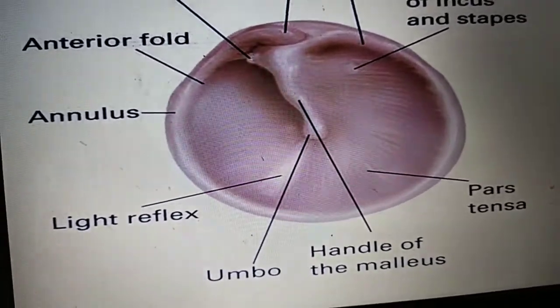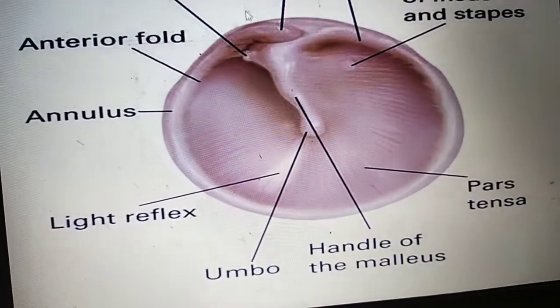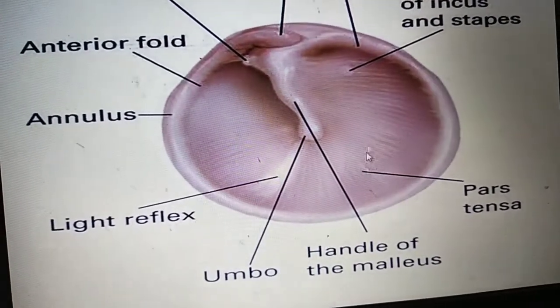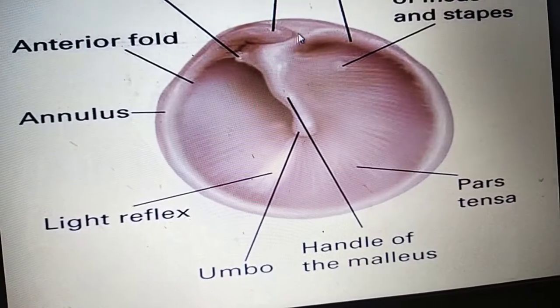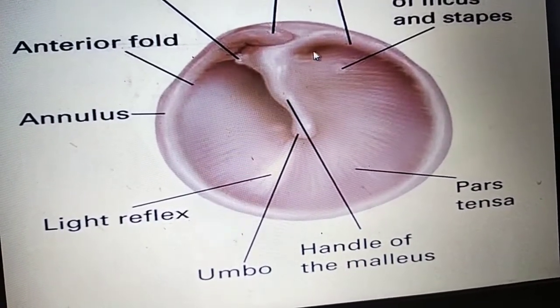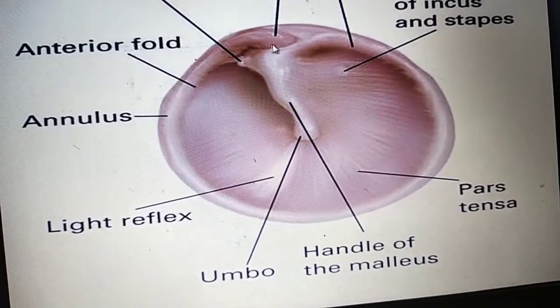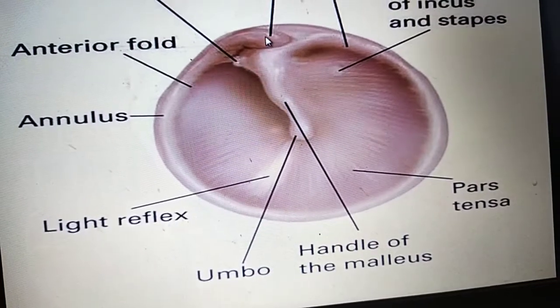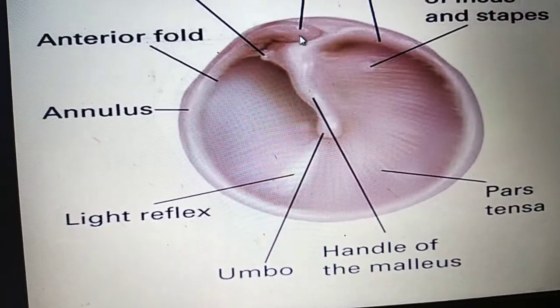It is present superior to the pars tensa and lies above the malleolar folds. These are the malleolar folds, the anterior malleolar fold and the posterior malleolar fold, and the pars flaccida is present above this fold.